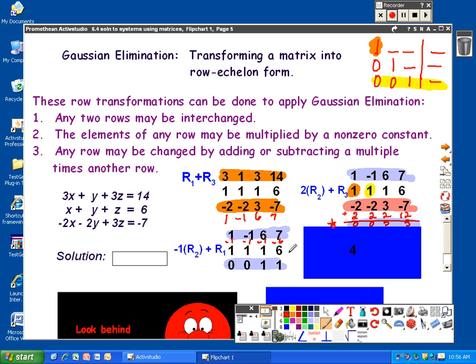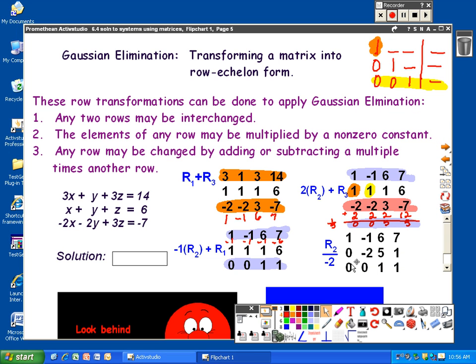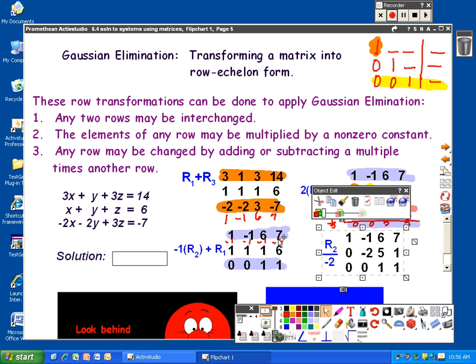Oh, wait. Add it to row 1 gives me 0, 0, 5, 1. Excuse me, this is 0. Negative 1 makes negative 2. 6 minus 1 is 5. And 7 minus 6 is 1.